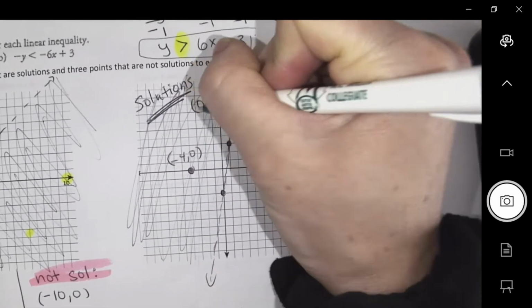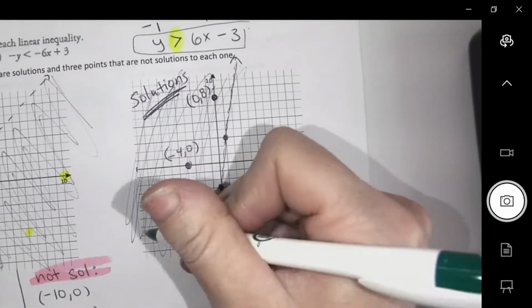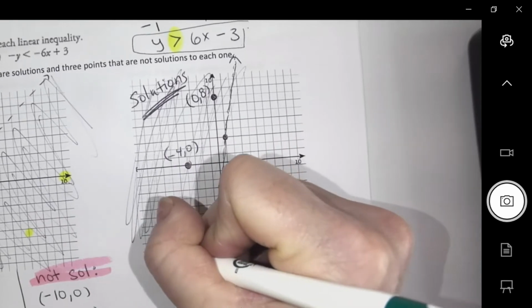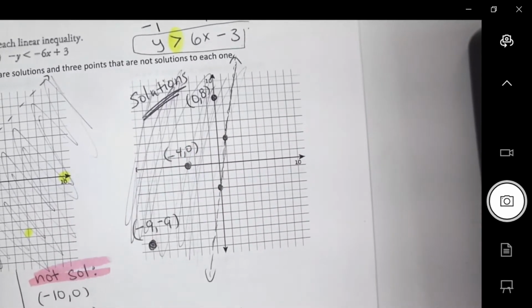I don't know, 0, 8. I don't know, you can pick your own, but anything in that region are solutions. Just make sure you're naming your points.